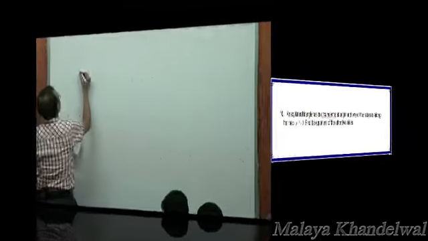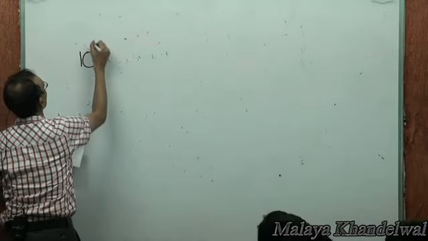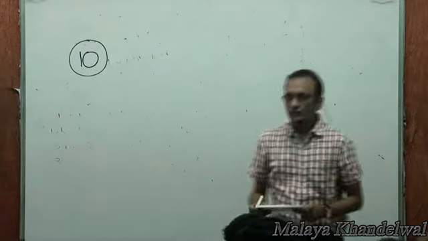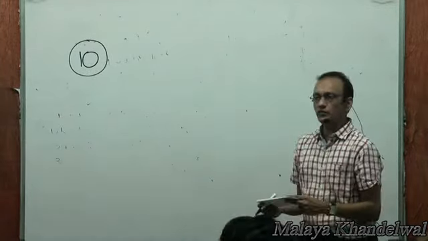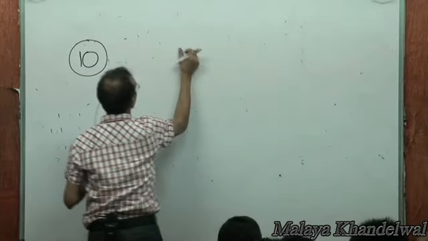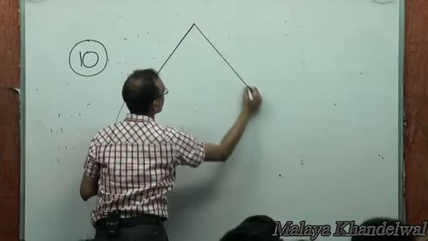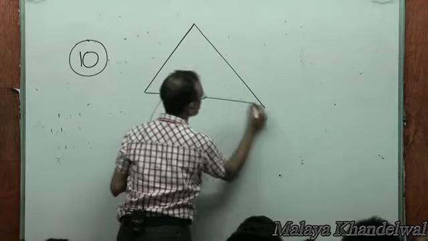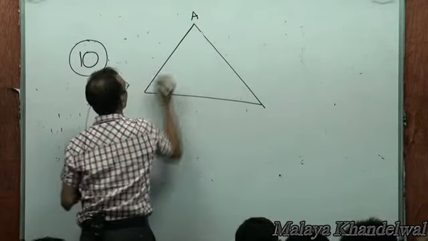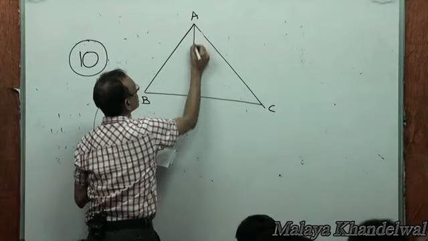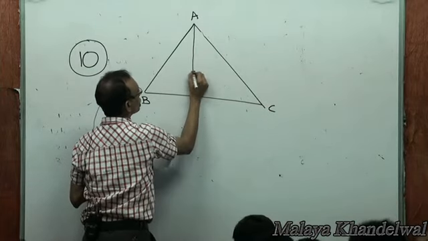Number 10. Let's look at problem number 10. There is an equilateral triangle with circumcenter at the origin. This is an equilateral triangle, say ABC, and the circumcenter is the origin.